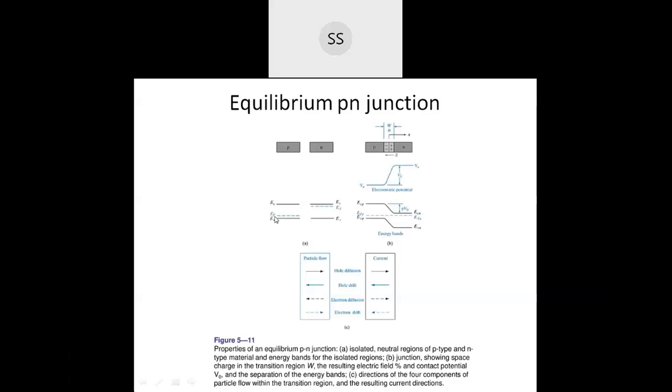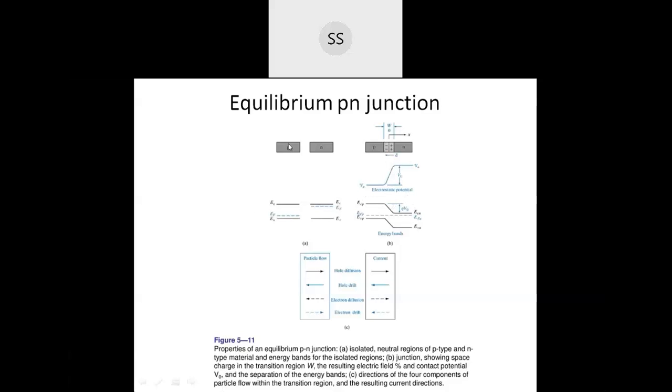You can see that the Fermi level is close to the EV in case of p-type material, and the Fermi level is closer to EC in case of n-type material. Whenever the junction is formed by joining the p-type material and n-type material, a space charge region of width W is formed, and the direction of electric field is from N to P. Because of this, whatever the electrostatic potential that is built up across the junction is indicated as V naught.